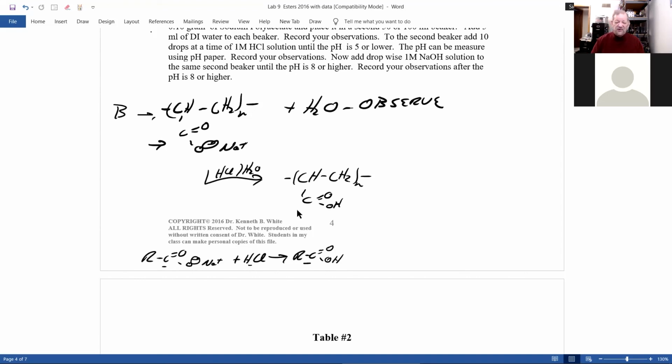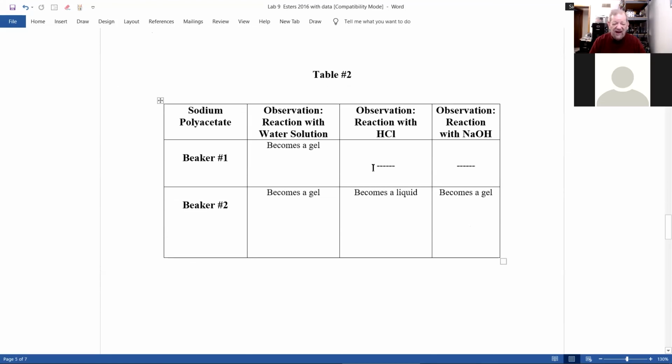And now what you see at this point, right here in beaker 2, when you add the acid, it becomes a liquid. Why? Because it no longer really hydrogen bonds that well to water.